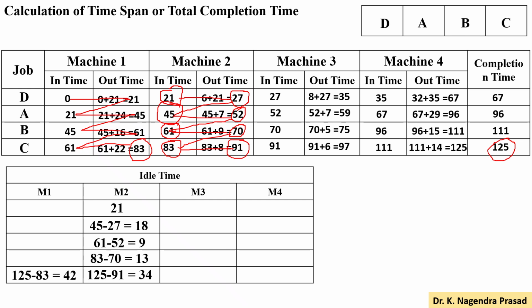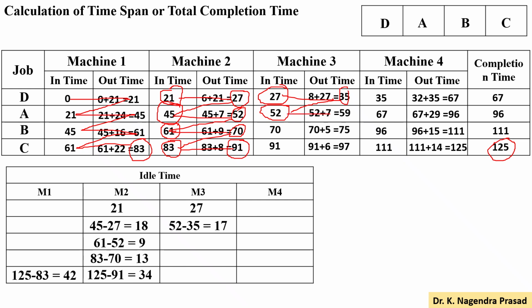So next we'll look at machine 3. The initial waiting time for job D is 27. So 27 to 35 it is engaged with job D. Then there is another wait here for job A, that is 52 minus 35, which is equal to 17.